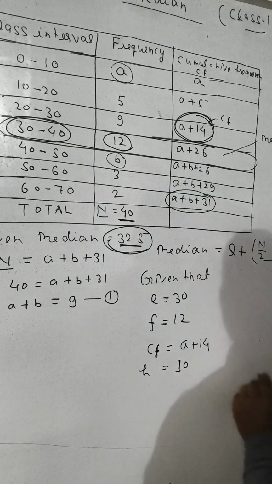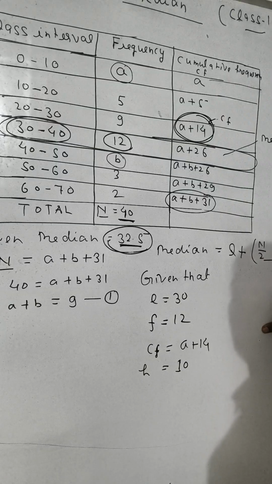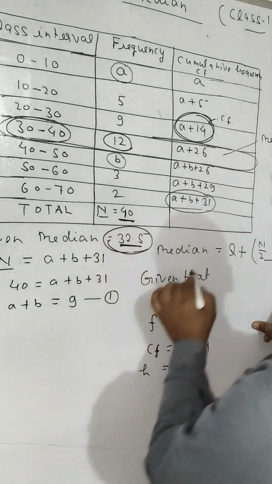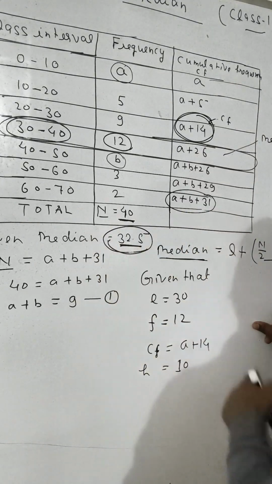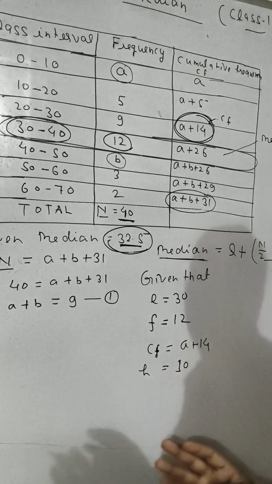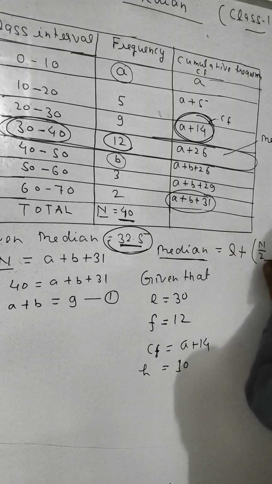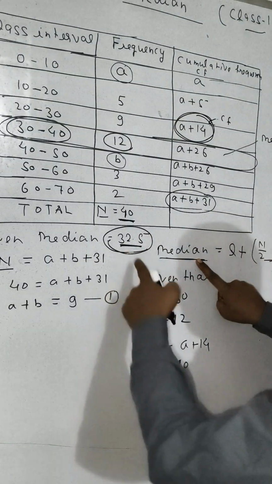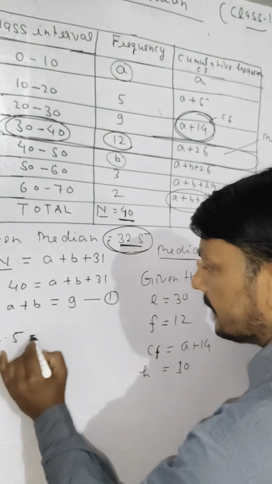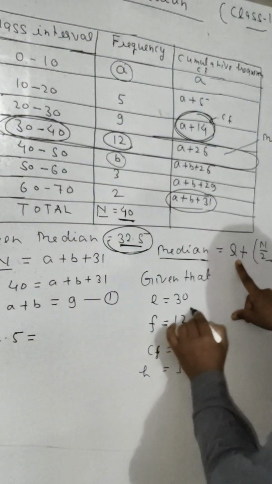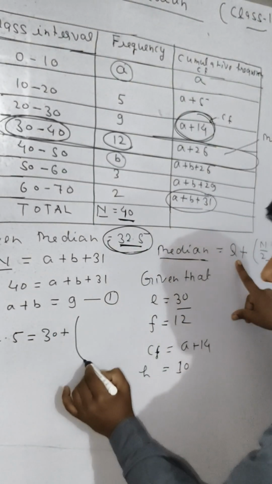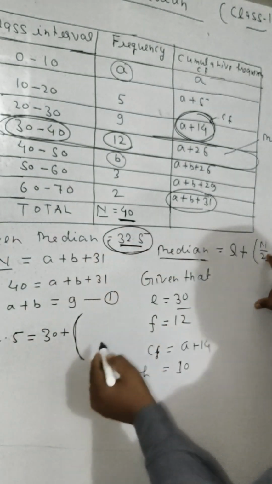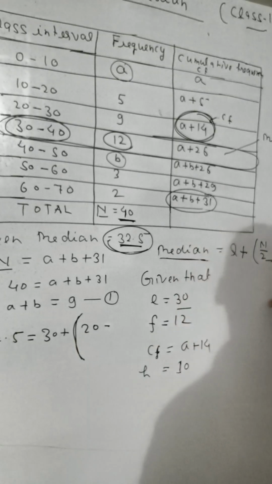H will be 10. All these values we put in this formula. N is given in the question as 40, and the median is also given as 32.5. First of all we will calculate the relation between A and B. So the median is 32.5, which is equal to L, which is 30, plus n by 2, that means 40 by 2, becomes 20, minus CF.